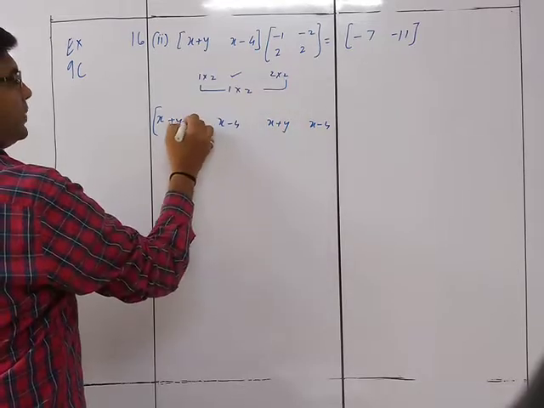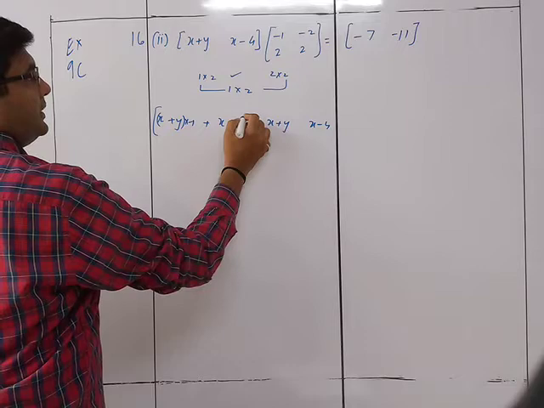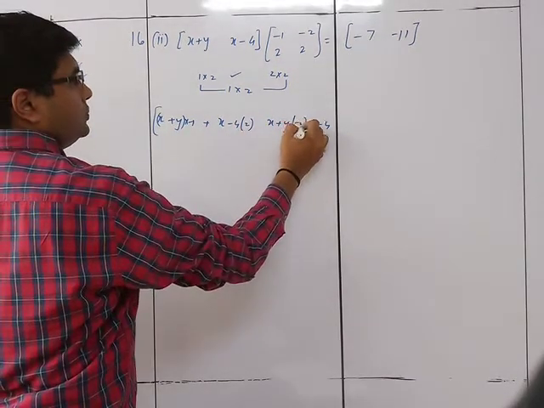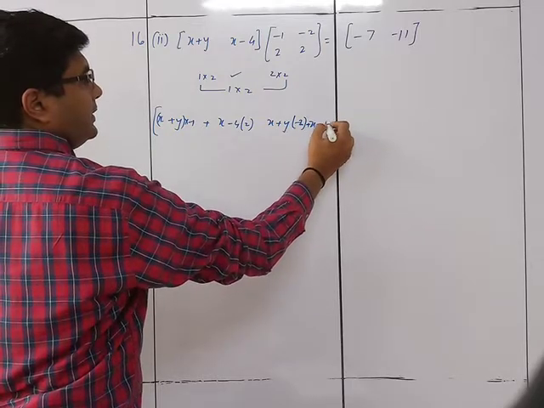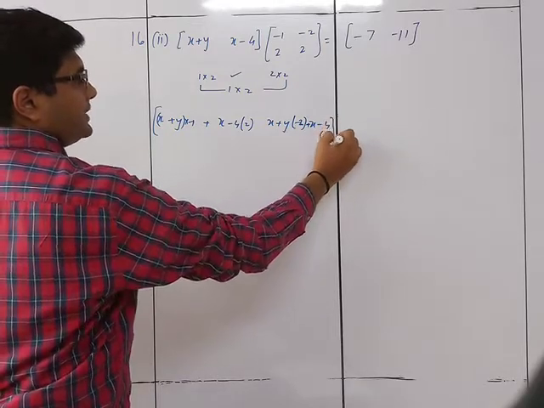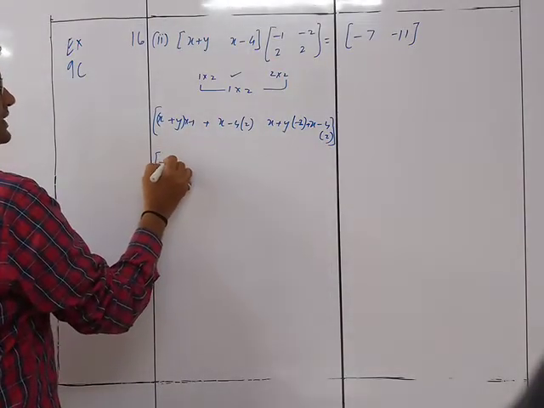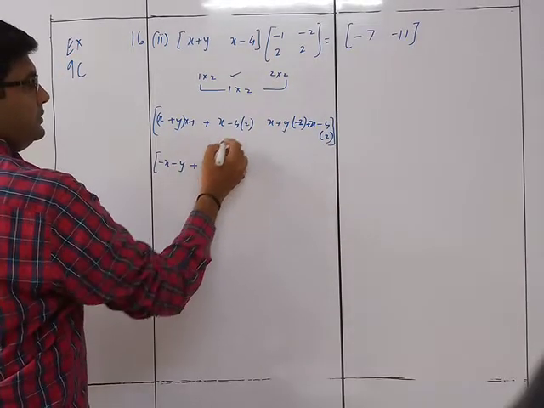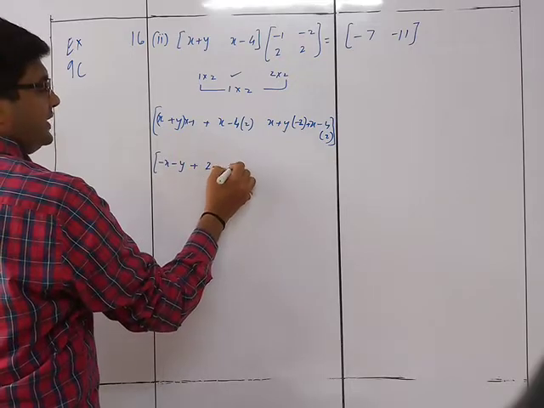Now into minus 1, plus into 2, into minus 2, plus into 2. That's the answer. So this will be given to you as minus x minus y plus, now this is 4, so it is 2x minus 8.